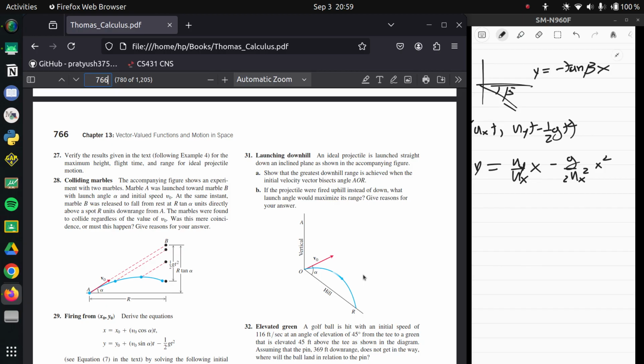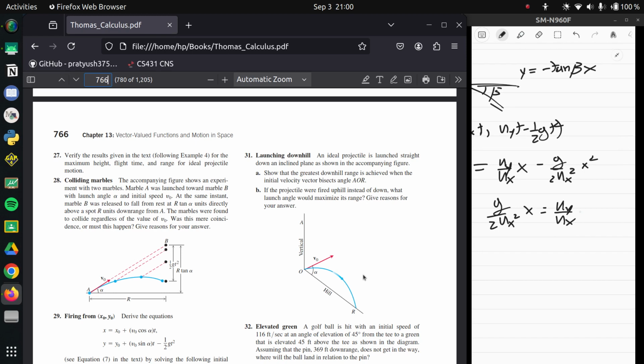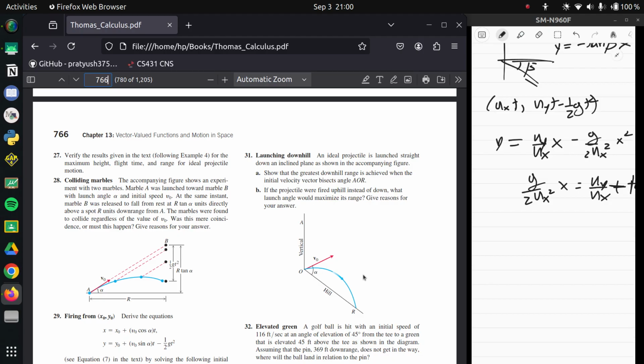So x can't be 0 because that's the initial condition. So you just have g by 2 ux squared times x equal to uy upon ux plus tan beta. So you have your x coordinate. Writing this is the harder part apparently.